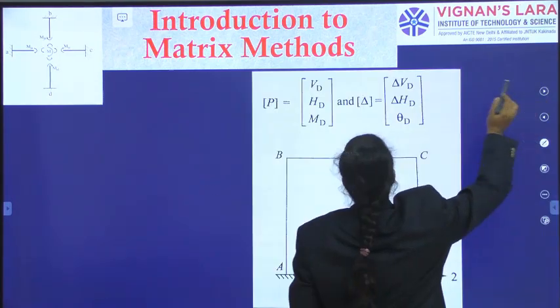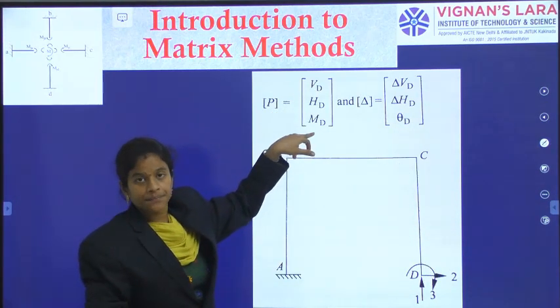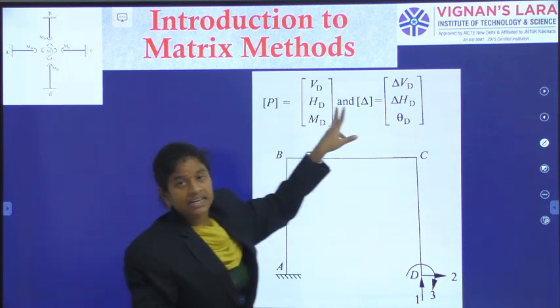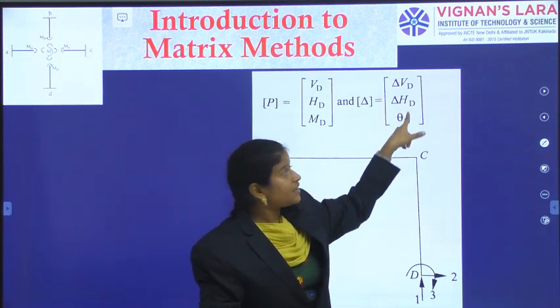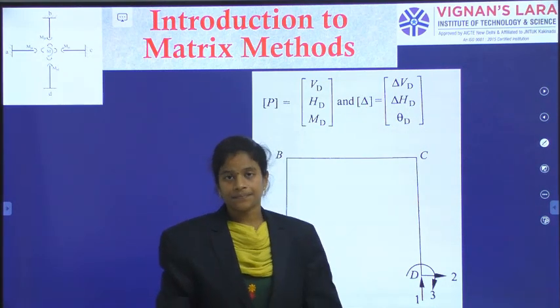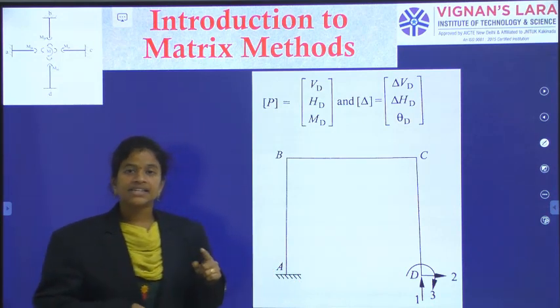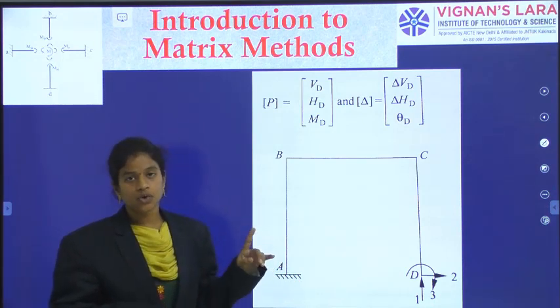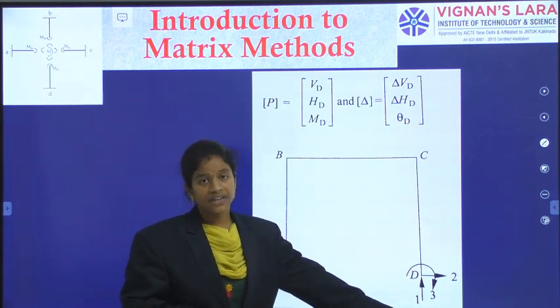The force vector we are writing as VD, HD and MD, and the corresponding displacement vector, the delta vector, is delta VD, delta HD and theta D. In that direction force is coming, that is the first coordinate, VD.